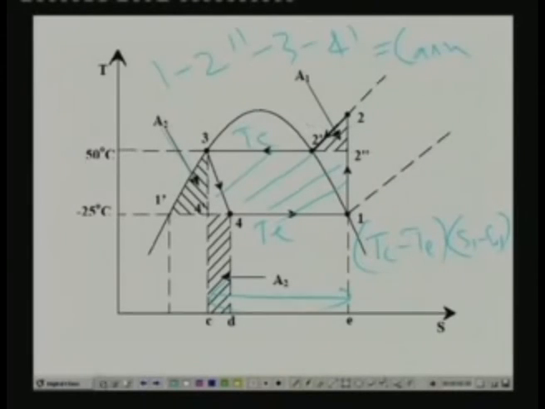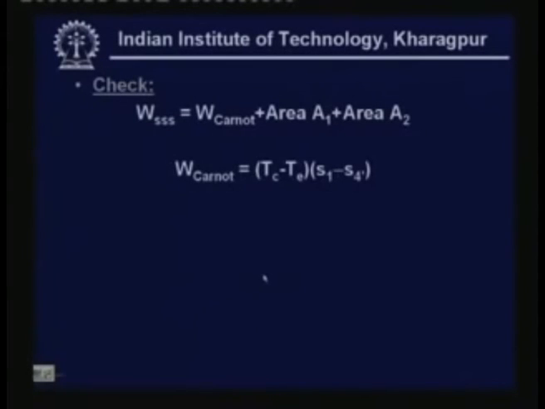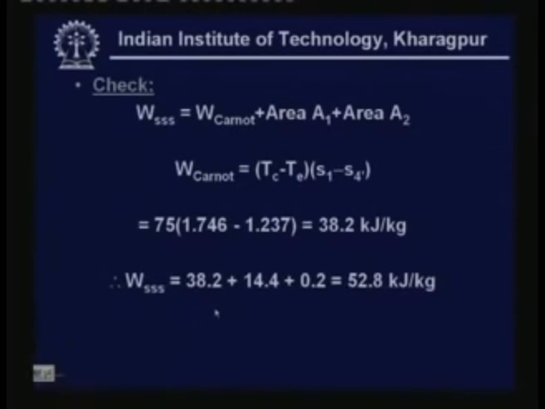So you can check your result. Work input to the Carnot cycle is found to be 38.2 kilojoule per kg, and work input to the standard cycle from this expression is 38.2 plus 14.4 plus 0.2, which works out to be 52.8 kilojoule per kg, which matches exactly with the data obtained earlier.